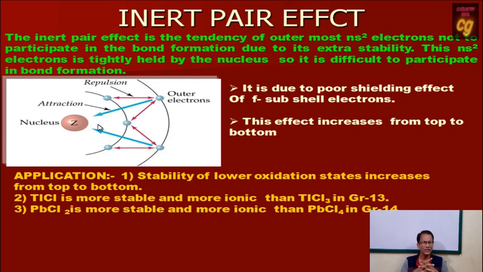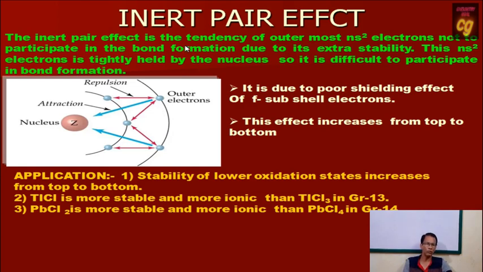Due to low screening effect, the outermost ns2 electrons will be strongly attracted by the nucleus, tightly held by the nucleus, so they will not take part in bond formation. That is called the inert pair effect. When the f subshell is available, the inert pair effect will be more compared to the d subshell, p subshell and s subshell.